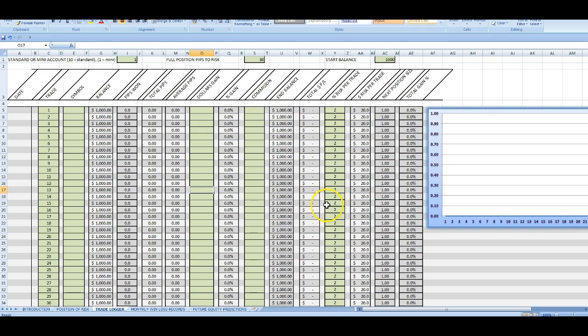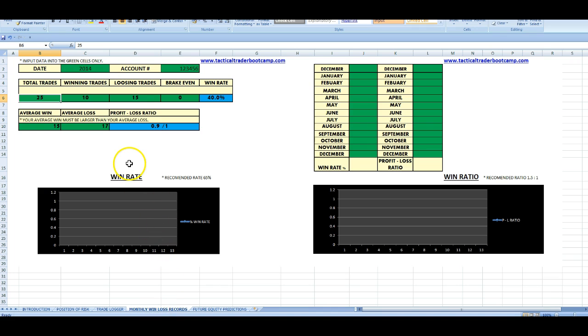I can tell my profits and losses nice and easily in a visual manner. At the end of the month, I come along and record my trades on here. I'll put them down here, and this records it for the year, and puts little points up on the charts, as you can see here.